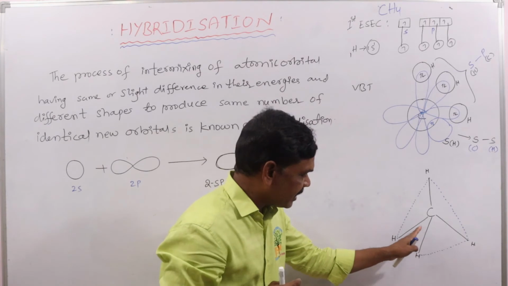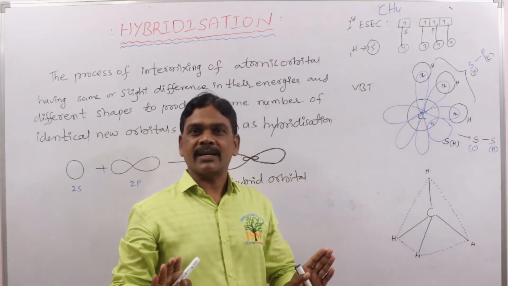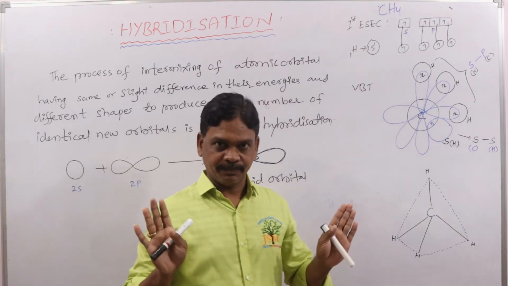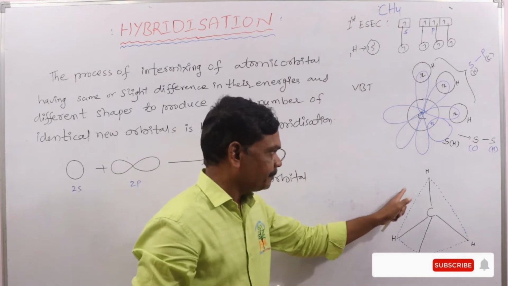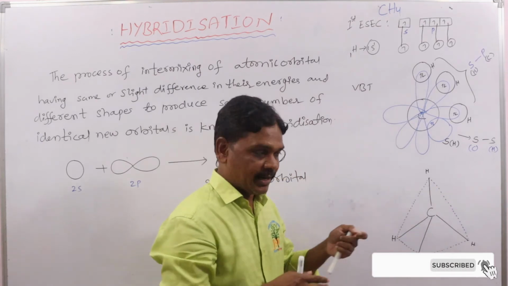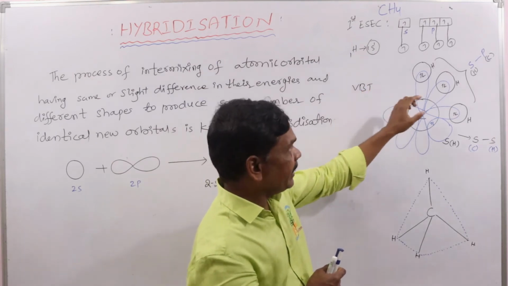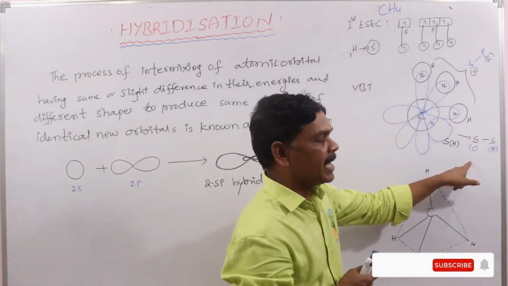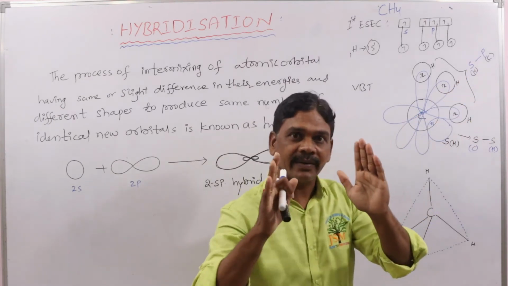In the formation of this methane molecule, all bond parameters are the same in all aspects. All bonds are equal. Whereas according to VBT, we are observing 2 types of bonds, and these 2 bond energies are different.